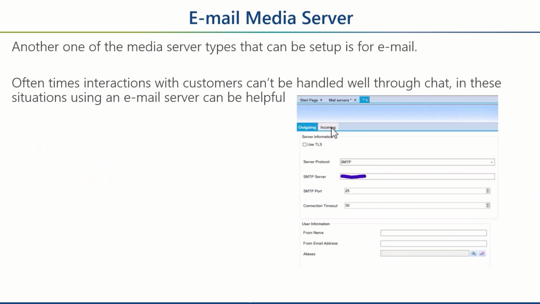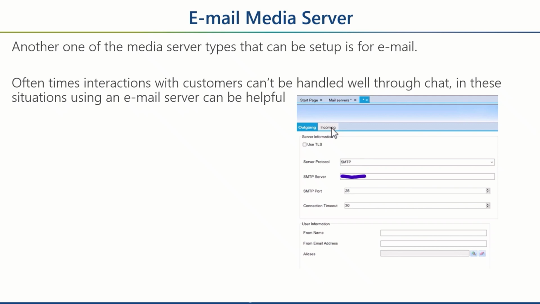Another type of media server that MiCCB supports is what's called the email media server. And the email media server, as you can probably guess based on the descriptions for the previous two, is how you enable the MiCCB to be able to handle email-based interactions.